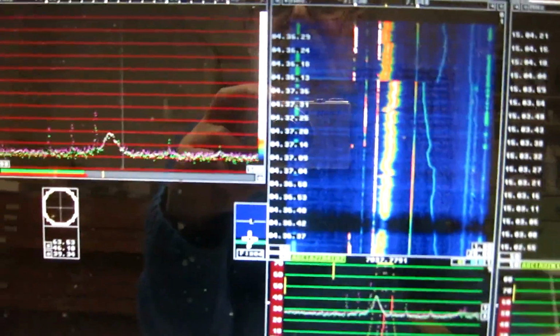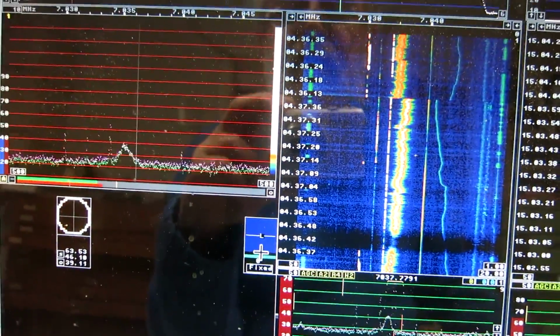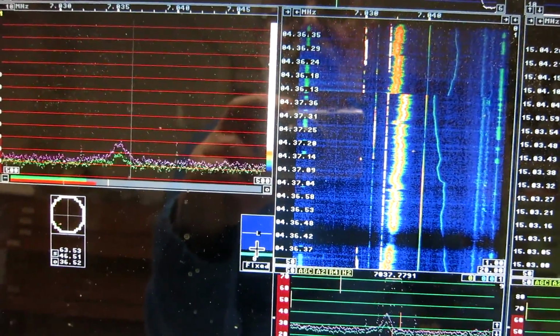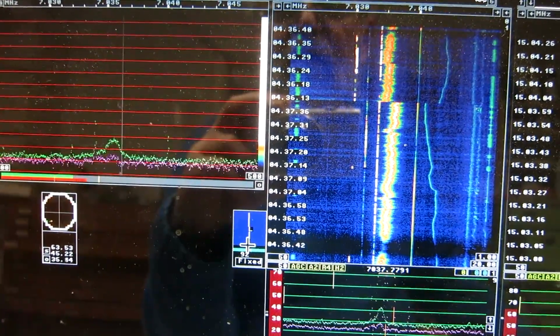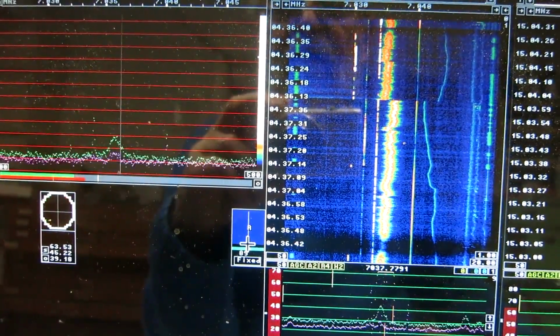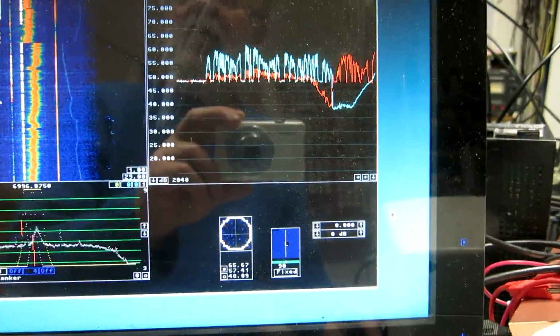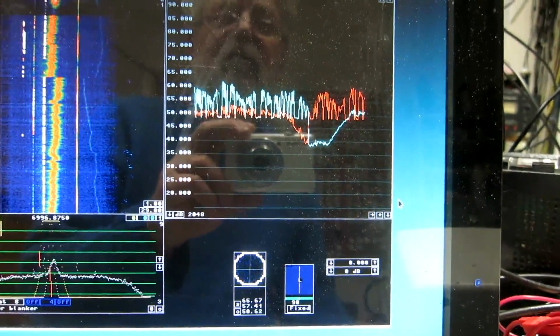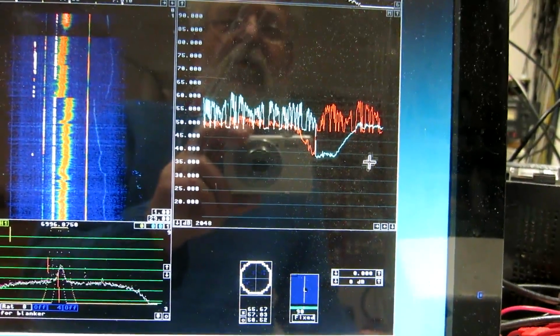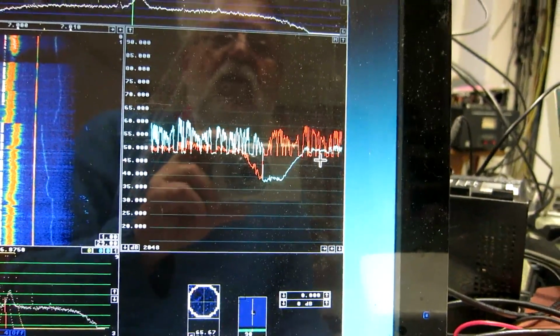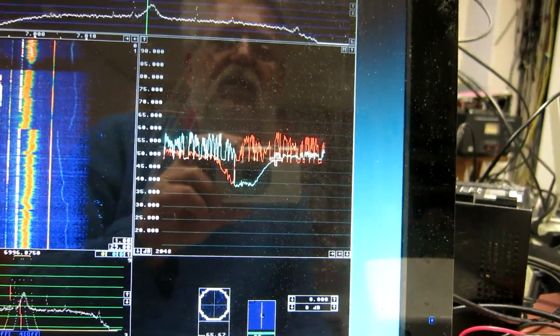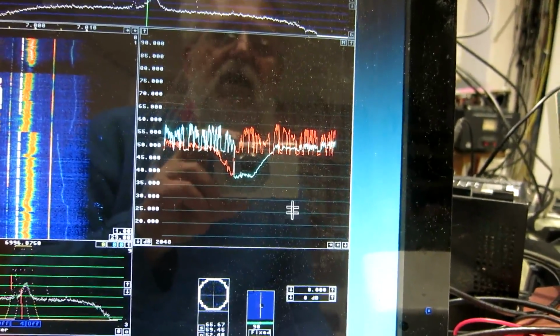I can click here to rotate the polarization 90 degrees. And now we have it the other way around. We are listening to the blue curve and not to the red one.